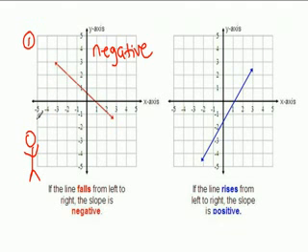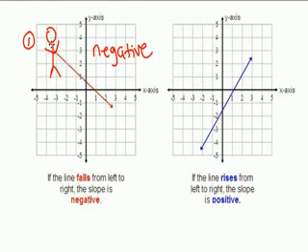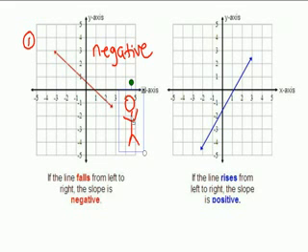If he's up here on the left, the only way this person can follow the line is if they go in a downward motion. Because they're going in a downward motion, it is negative. It's going from a positive up here all the way down, so that's called a negative slope.